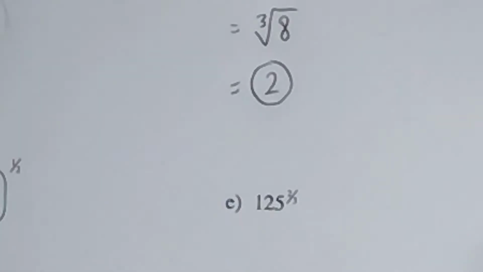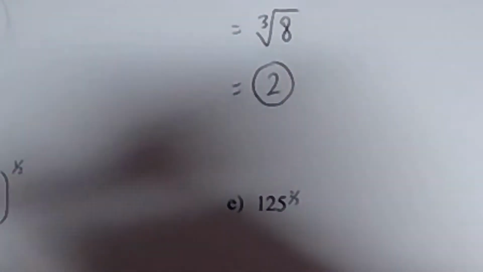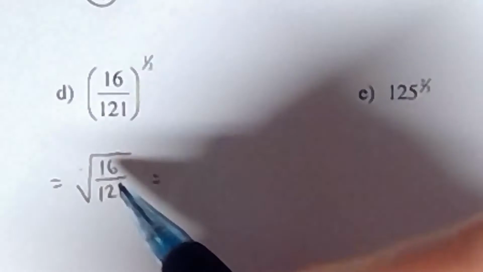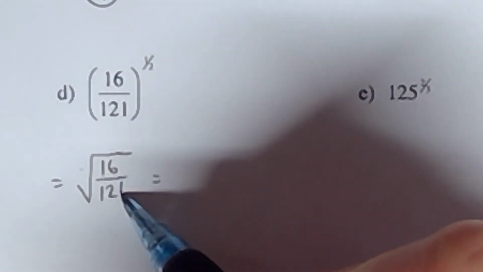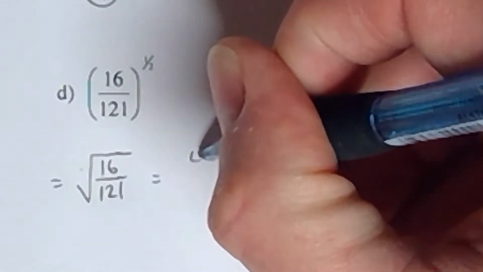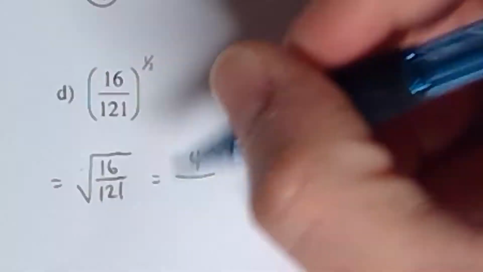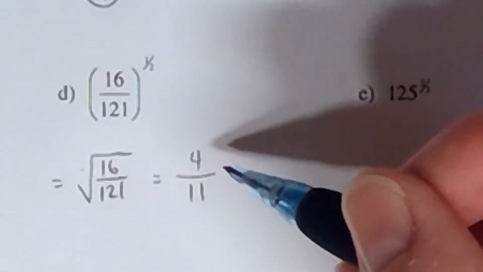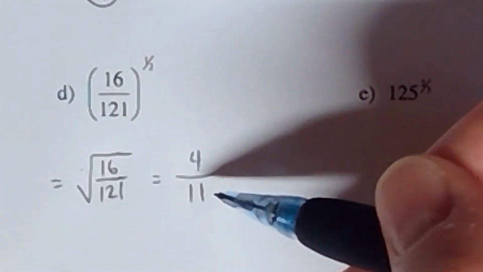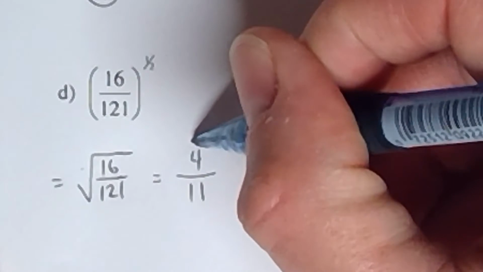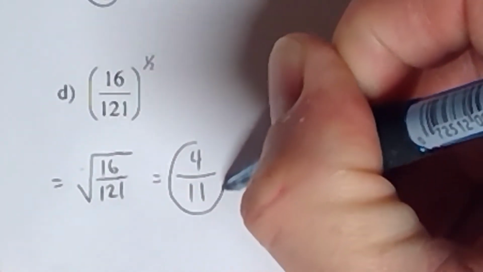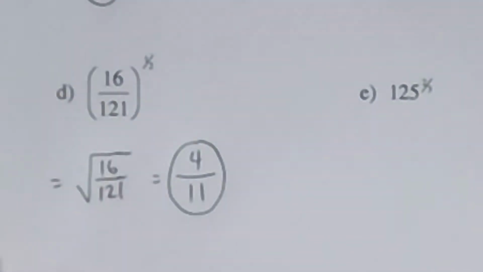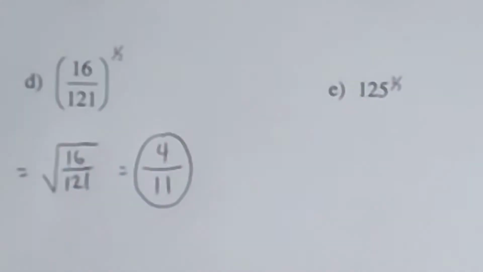And so, what is the square root of 16 and what's the square root of 121? Well, we actually know what those are, right? The square root of 16 is 4. The square root of 121 is 11. And again, just make sure your answer is positive. It is. 4/11 is a positive fraction. And so, there you go.